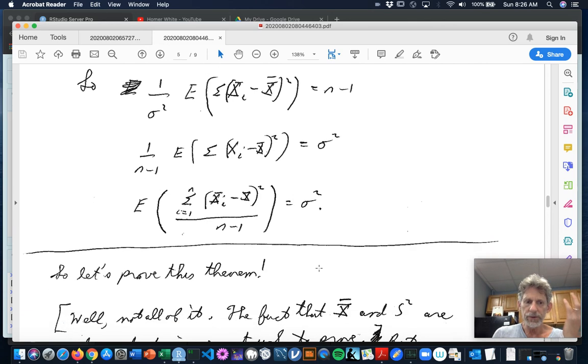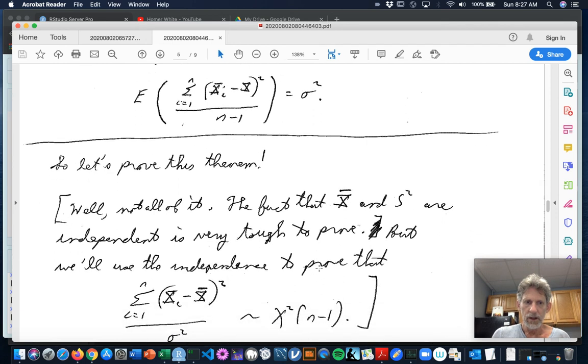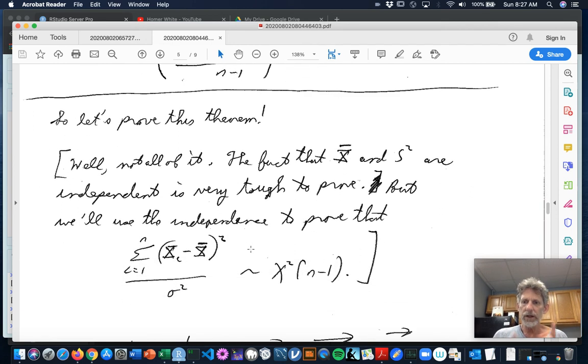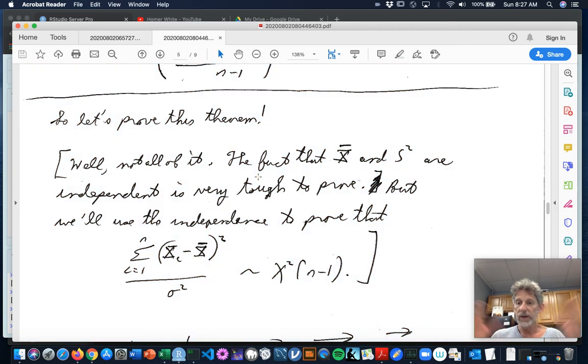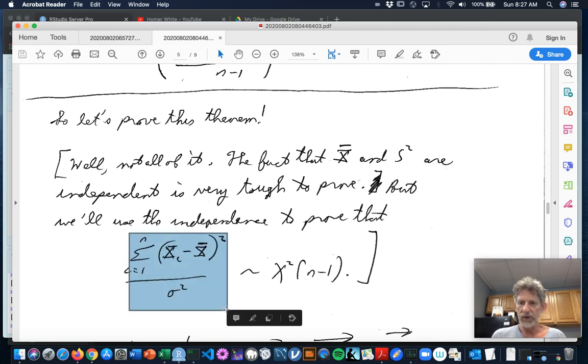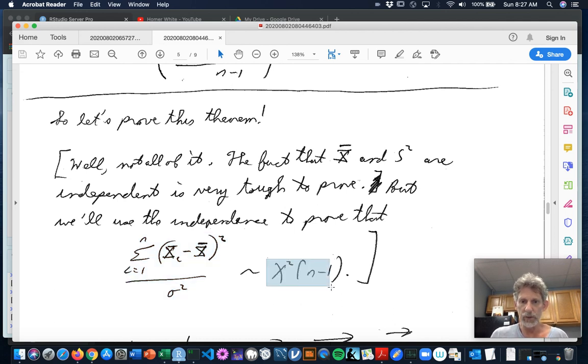So let's prove the theorem. Well, we're not going to prove all of it. We're not going to prove the independence part, the part that those two are independent. That is actually very tough to prove. If you go to grad school of statistics, you'll prove it. But we'll use the independence to prove the second part, that this doohickey here, the sum of the squares of the deviations over the variance of the random variable, is chi-squared n-1.